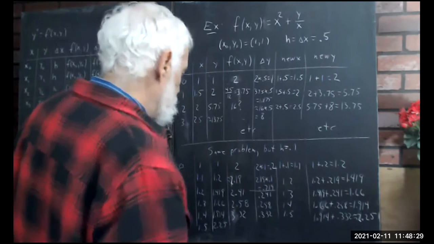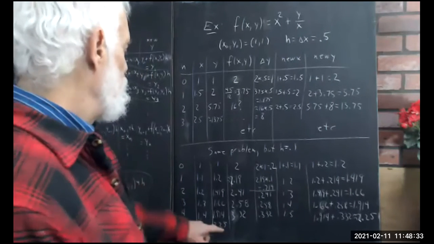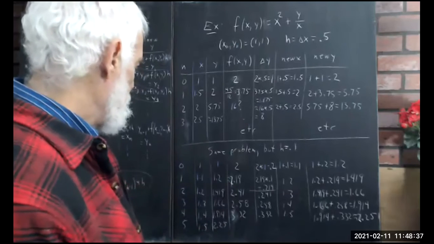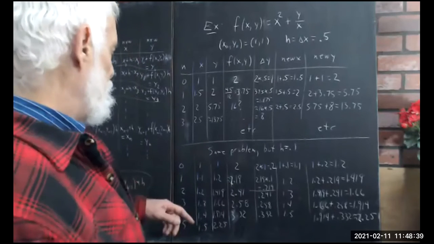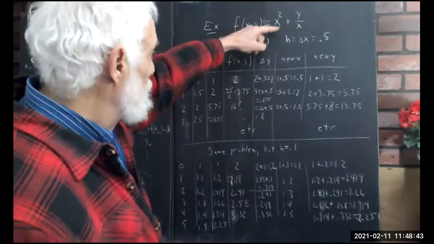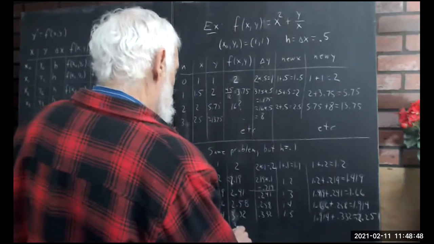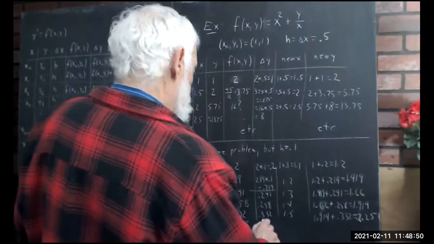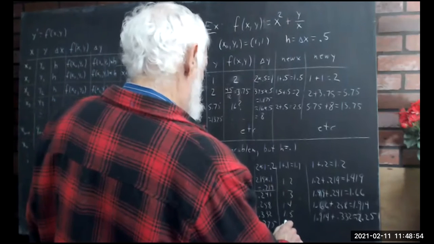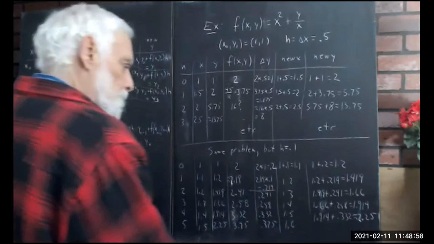So here's my 2.25. 1.5 squared is 2.25. 2.25 divided by 1.5 is 1.5. So that x squared plus y over x is going to be 2 1/4 plus 1.5, which is 3.75, giving us 0.375. So now our next x is going to be 1.6, but that's going to be in the next step.